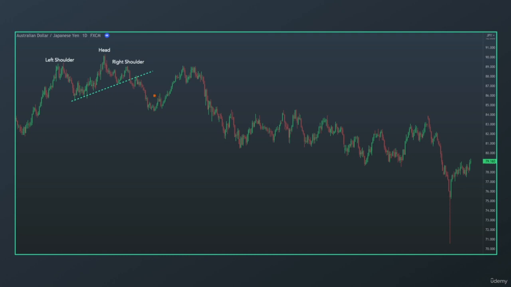This is our head and shoulder reversal pattern. After price breaks this upsloping neckline, price eventually moved to the downside. All right. So three time frames show us a bearish price action.